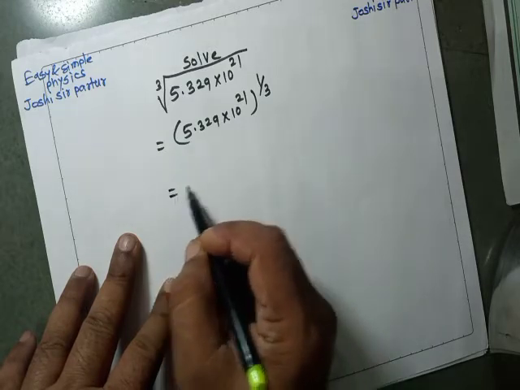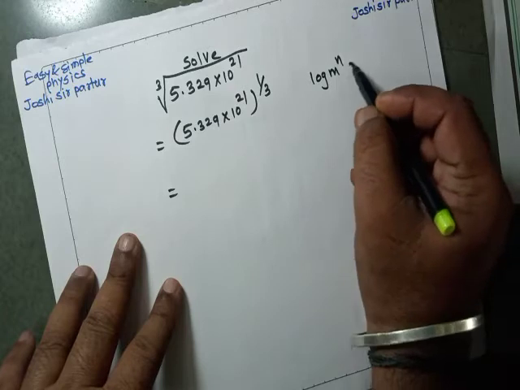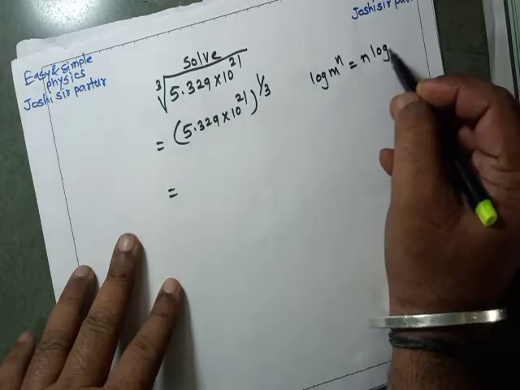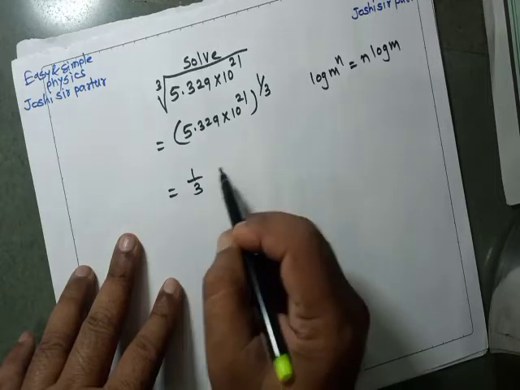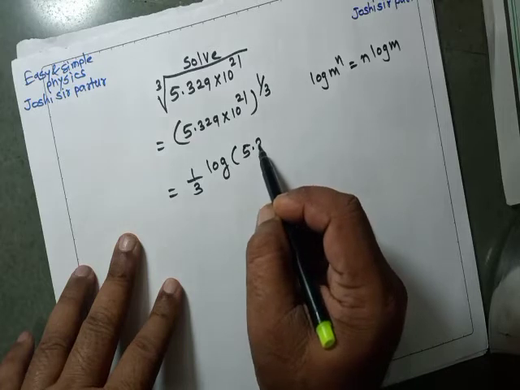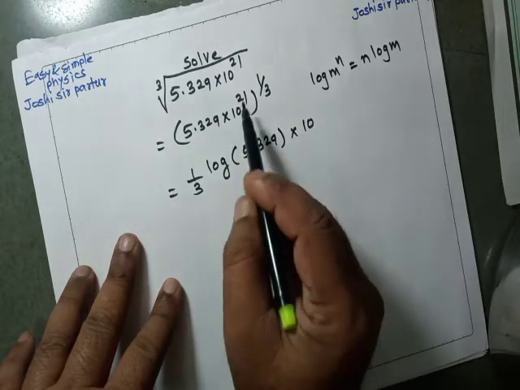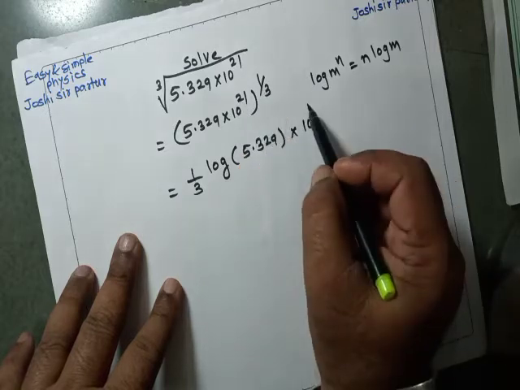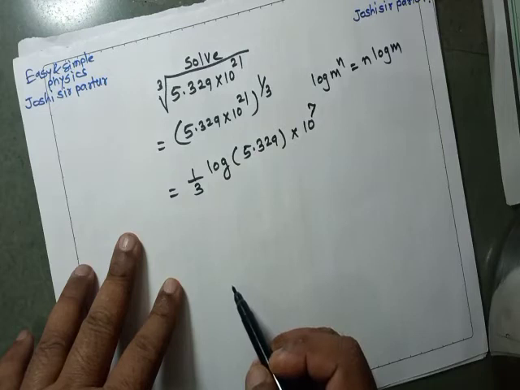So what happened? We use log of m raised to n, that is n log of m. So using this, here we can write 1 upon 3 log of 5.329 into 10 to the power 21 upon 3, means 10 to the power 7. So here 7 will be there.